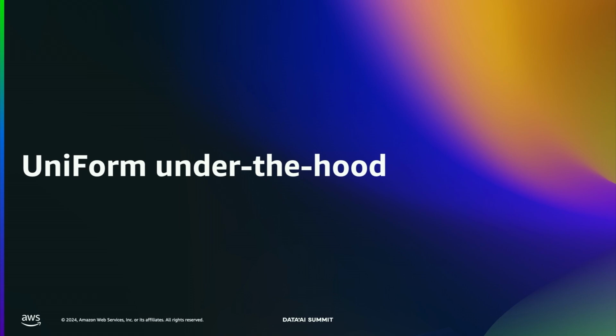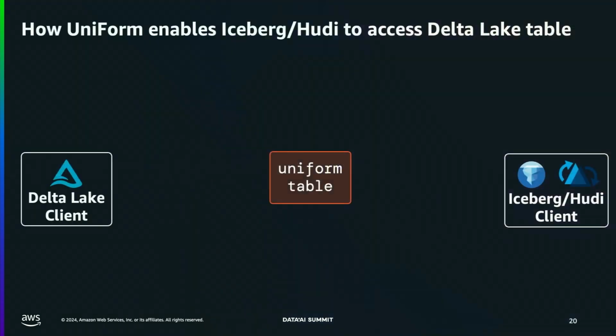So you learned about UniForm and its usage so far. The previous demo showed how to use UniForm and also how to query your UniForm table from an Iceberg client. So in this section, I'll talk about UniForm under the hood and more details about UniForm.